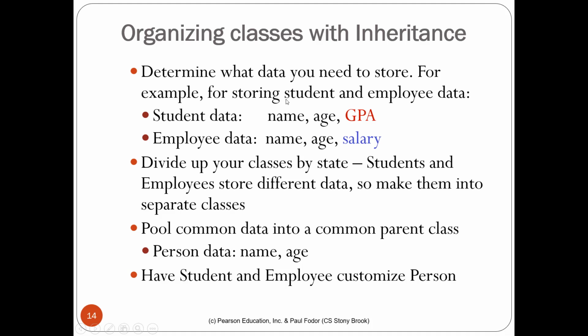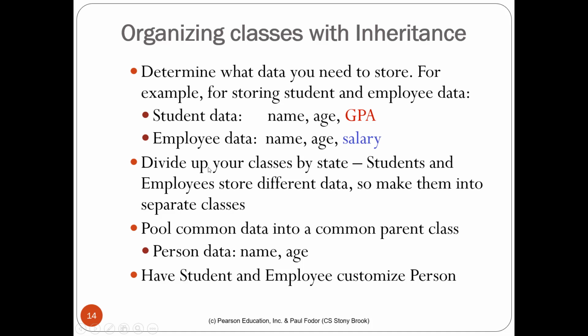If you are being asked to deal with or create student and employee classes, you have to deal with the data. Then first you should list the data fields that you need. And so for student data, you will probably keep the name of the student, the age of the student, and then the GPA for the student.